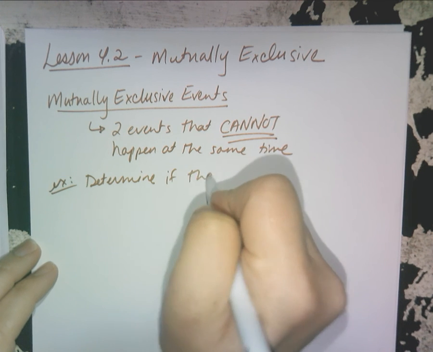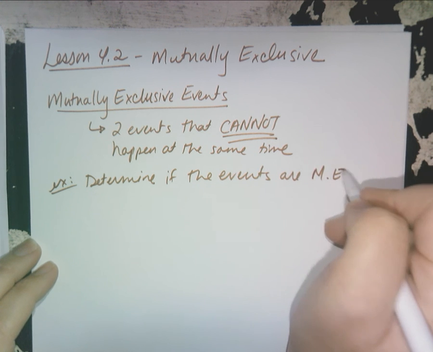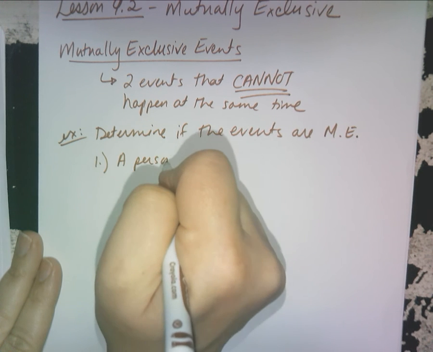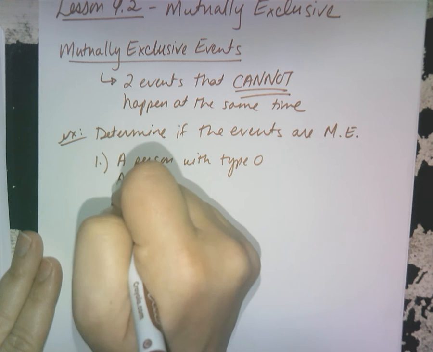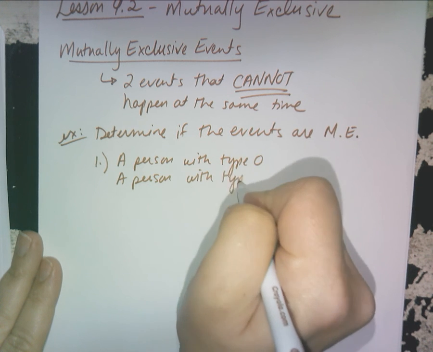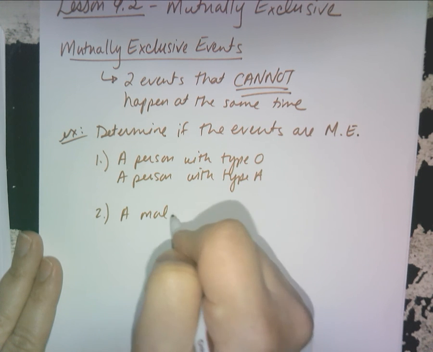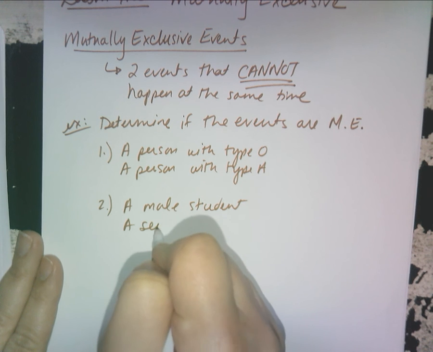Determine if the events are mutually exclusive. Let me just give you a couple examples here. A person with type O blood and a person with type A. A male student and a senior student.